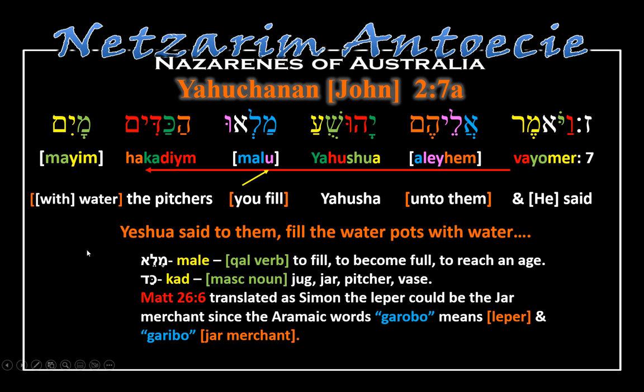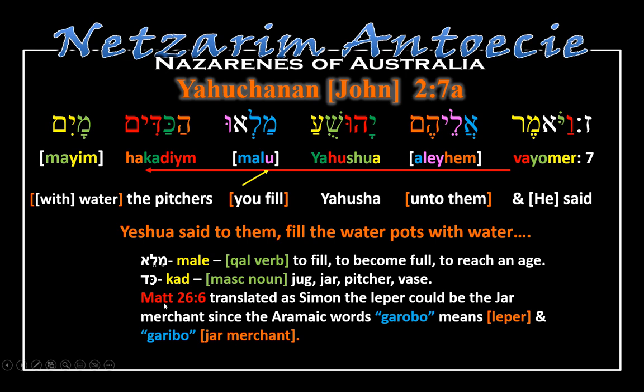Fill the pitchers water. Hebrew's a bit simpler than English, so we add with water. So Yeshua said to them, fill the water pots with water. And now I've given you also malay, which is a kol verb, to fill, to become full, and it can even mean to reach an age. And I've given you kad again, masculine noun for judge, jar, pitcher, vase.